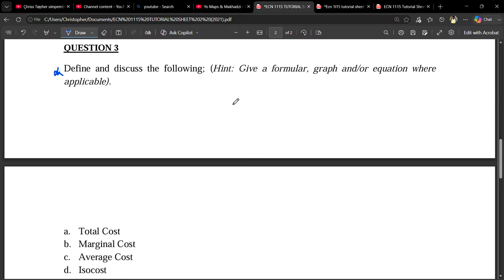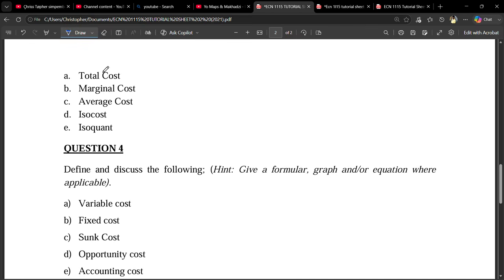Then you have to try to define the following. The first one is saying define total cost. What is total cost? Total cost is simply the overall cost that is incurred when production is taking place.